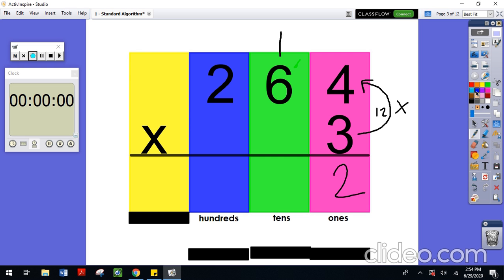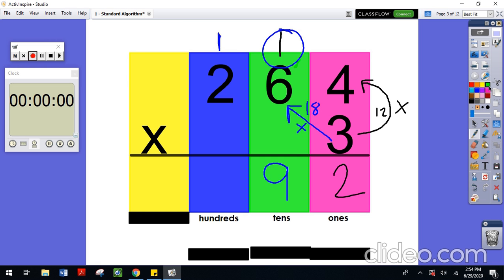Then I move to the next column, which is the tens place. I'm going to do 3 times 6. I know that 3 times 6 is 18, plus the 1 at the top, which makes 19. So the 9 goes at the bottom, the 1 goes at the top.